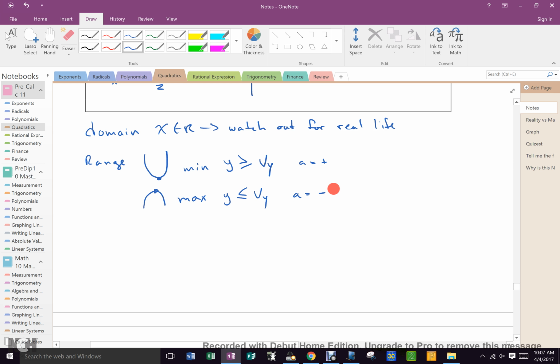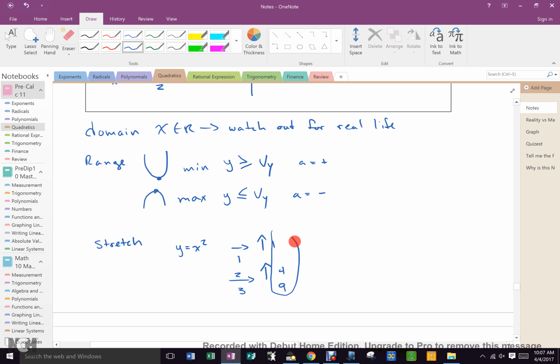The next thing kids mess up on is the stretch. A regular parabola, y equals x squared. If I go 1, 1, 2, what's this? 4, 3, 9. It's always squared, yes?